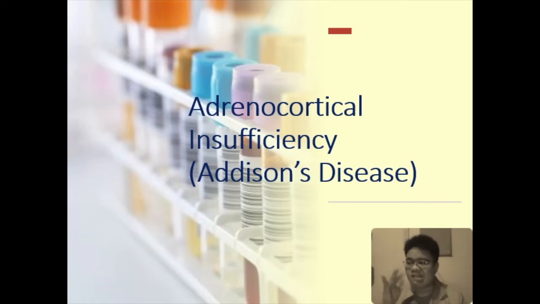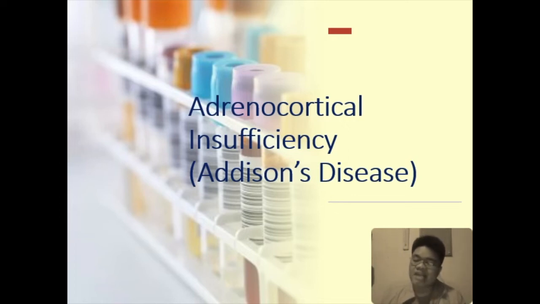The three steroid hormones that we are talking about are sugar, which is your glucocorticoid, salt, which is your mineralocorticoid, and then you have your sex hormones. With that concept, I hope that you're ready to learn your adrenal insufficiency and your Cushing syndrome.